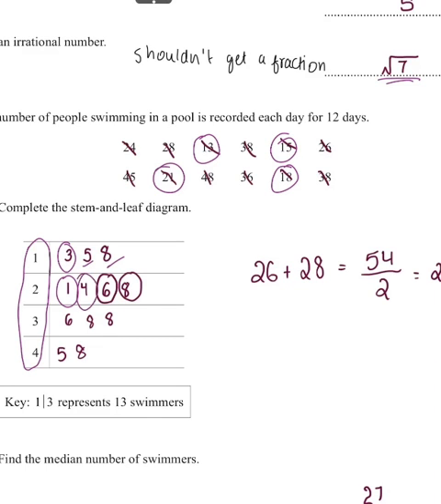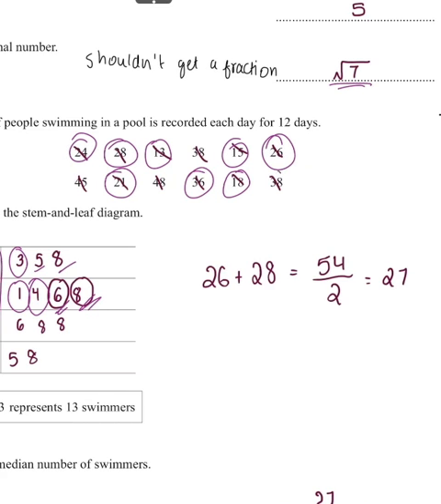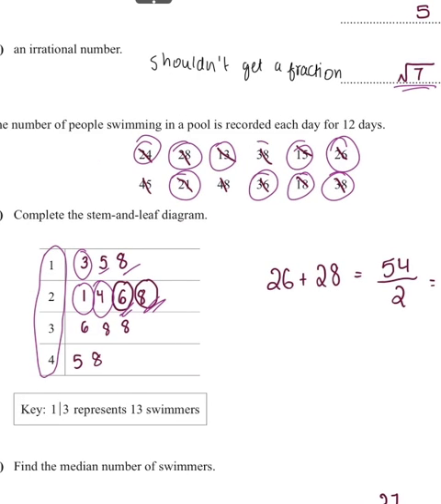Then 4, 24. Then there's also 26, so 6, and 28, so 8. Like that for 3, there is 36, so 6, 38, 8, and there's another 38 as well, so another 8 as well. Then for 4, we have 45 and 48. So we write 5 and 8.